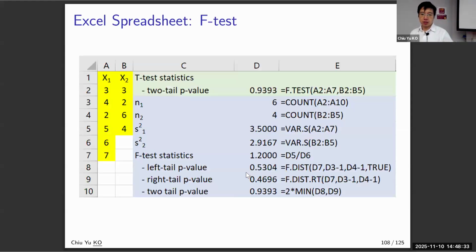This is how we calculate this two-tail test. But the F test is so simple, it's just a ratio, right? And the only thing you have to say is the degrees of freedom of the numerator and denominator, n1 minus 1 and n2 minus 1. So that would be the thing. Okay, so I hope it's okay.